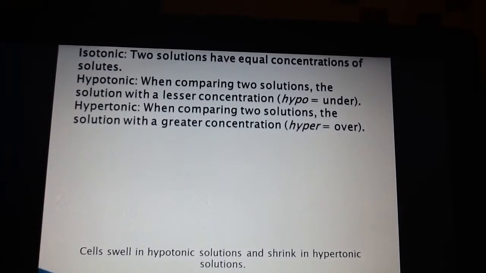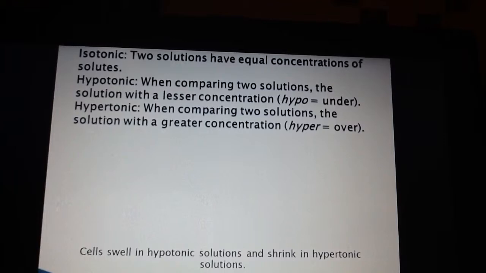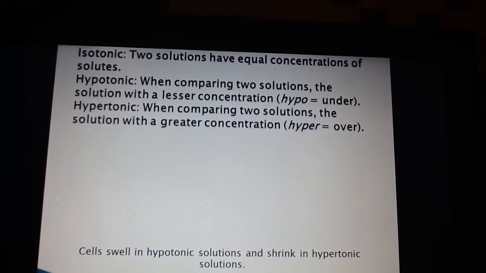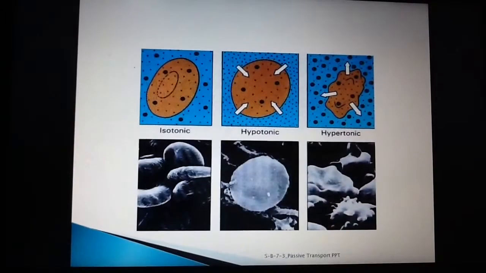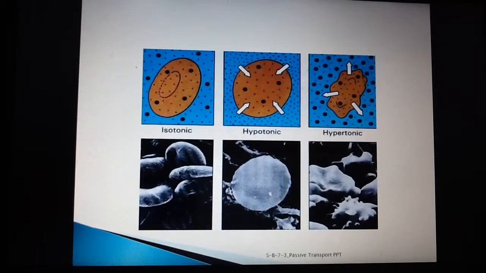And in a hypertonic solution, the cell will shrink and shrivel. We're about to get into some real world application of this, but it's very important that you know those quick tips.